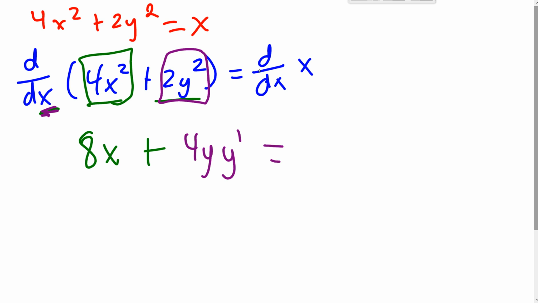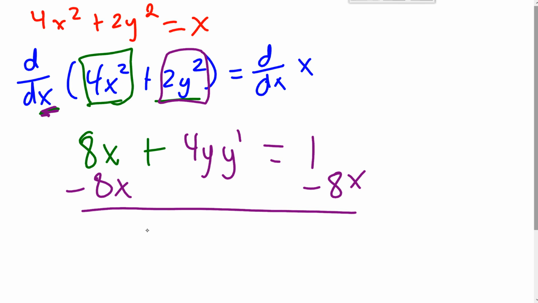Derivative of x is just 1, and now we just solve for y prime. So this time I'm going to subtract 8x. So 4y prime equals 1 minus 8x.